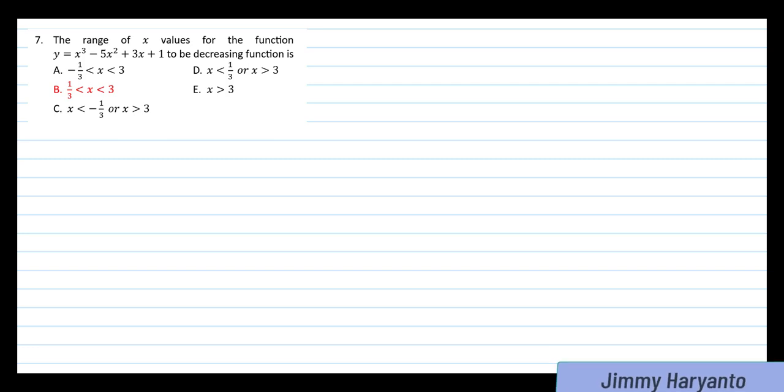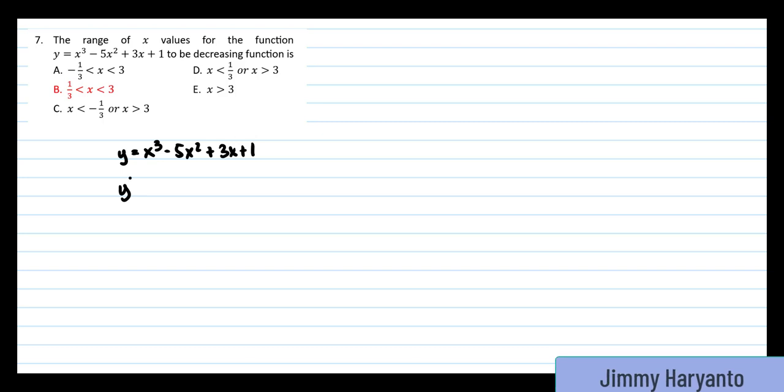For number 7, the question wants us to find the interval of x for which the function is decreasing. Decreasing and increasing means you have to find the derivative first. Wait, let me rewrite the function. This is the function, and the first derivative will be 3x squared minus 10x plus 3.